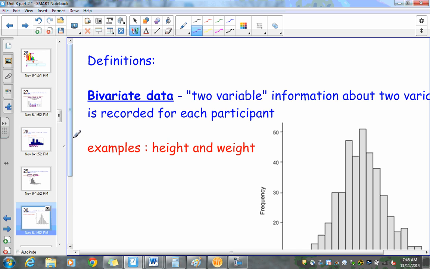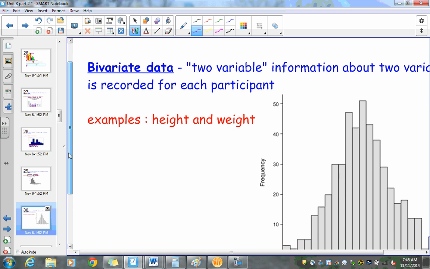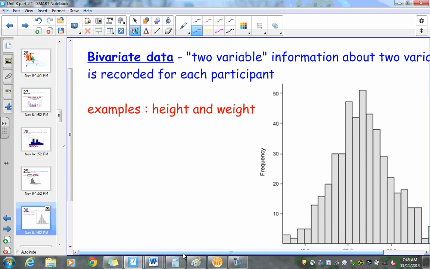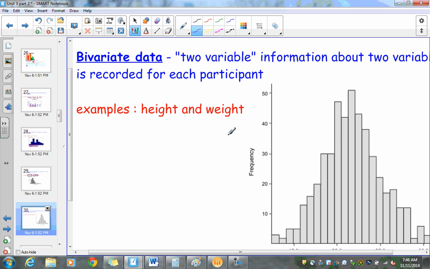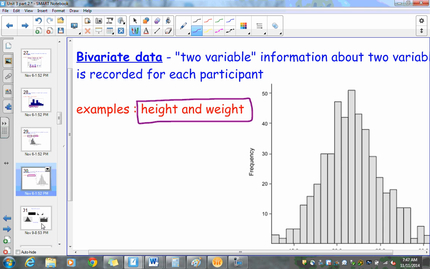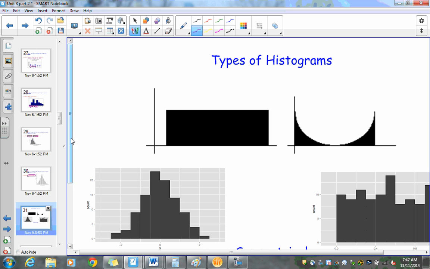And lastly, bivariate. Hopefully I pronounced that right, I'm not sure. 2 variables, that means where you're using 2 variables to record information about each participant. So like for example, if I was using a height and weight combination to get my information, that's what it is. All right, let's talk about types of histograms, all right?